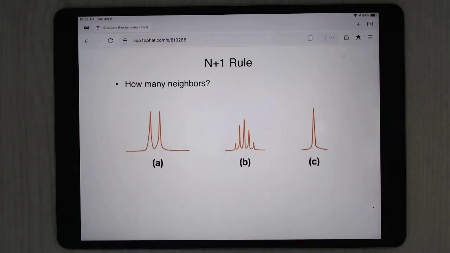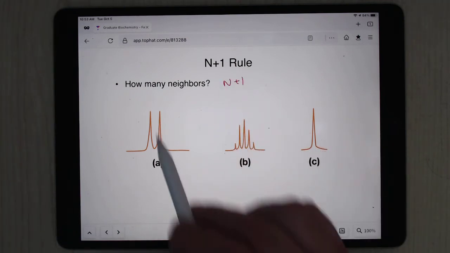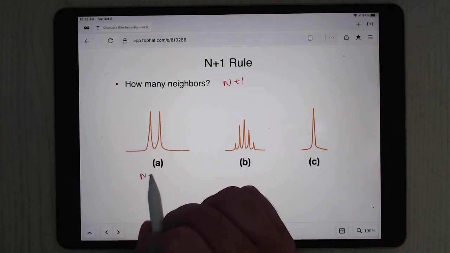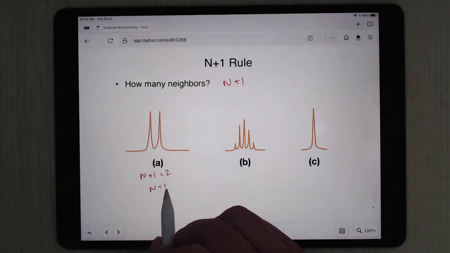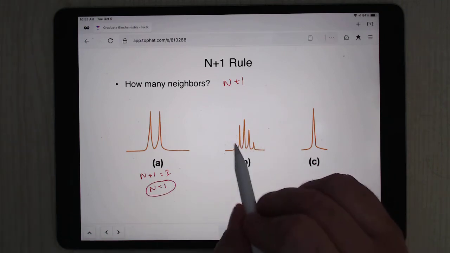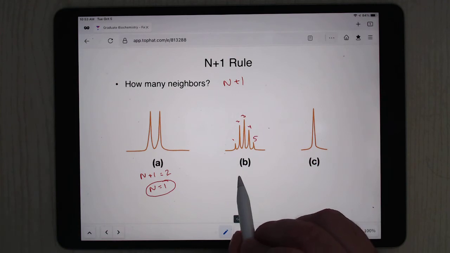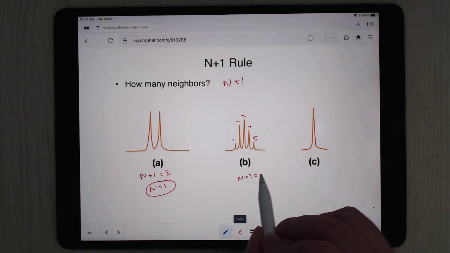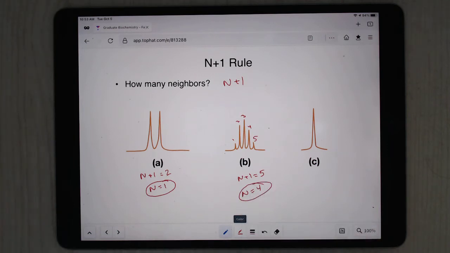Now, how many neighbors would this have? Remember the rule is n+1. For this first one here, n+1 equals 2, so that means n would have to be equal to 1 neighbor. For here you've got 1, 2, 3, 4, 5, so n+1 equals 5, so n is equal to 4 neighbors.